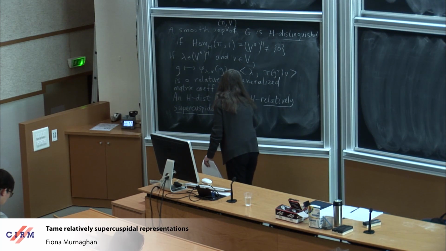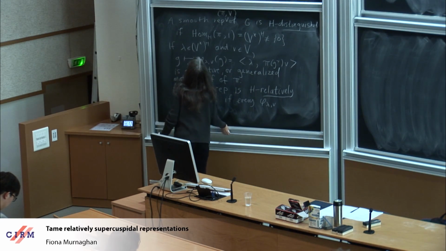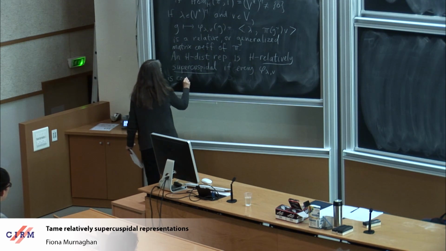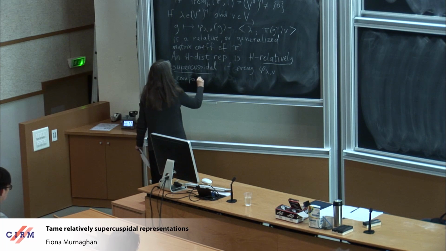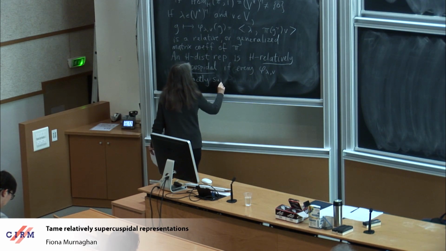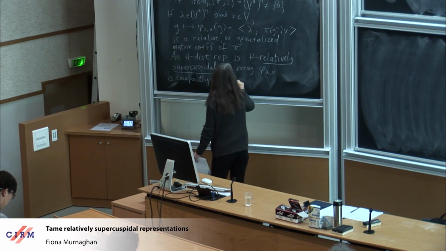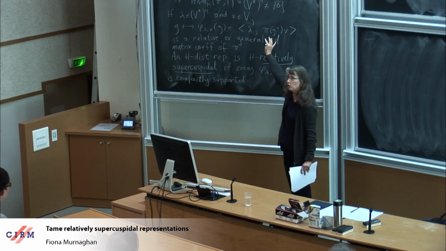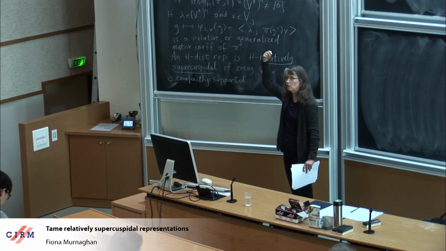So every matrix coefficient of v, lambda, v is compactly supported. Notice that these functions are H-invariant because of the H-invariance of lambda, right?